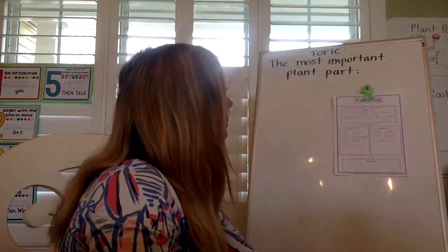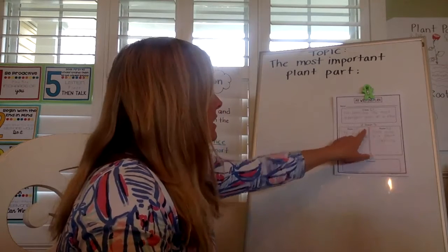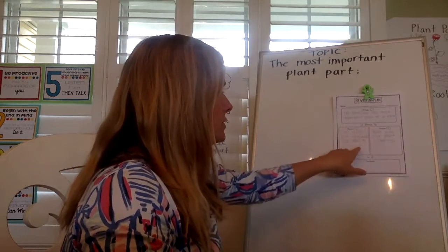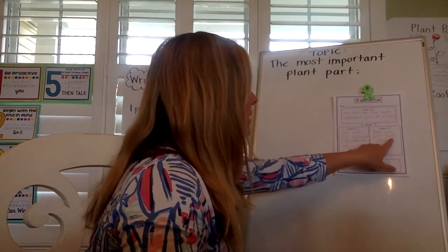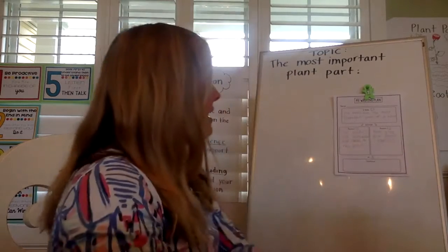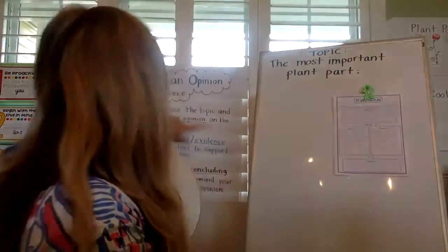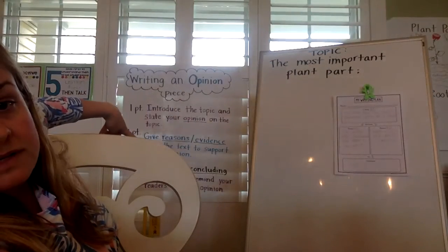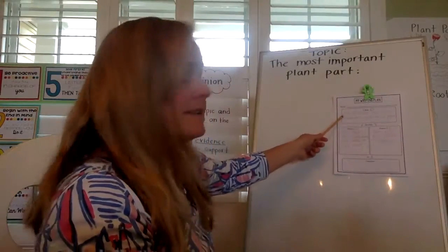So the roots are the most important part of a plant because the roots give nutrients and water to the plant, and roots also give plants stability. So, in conclusion, or end with a concluding statement, and that just reminds your readers of your opinion at the top.